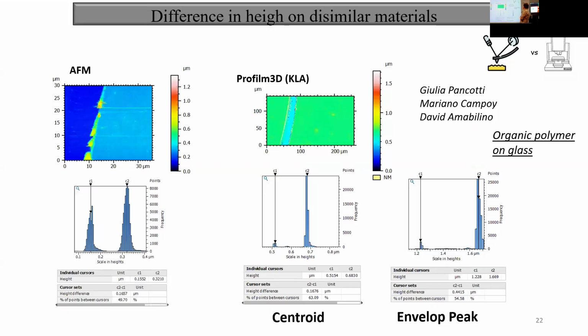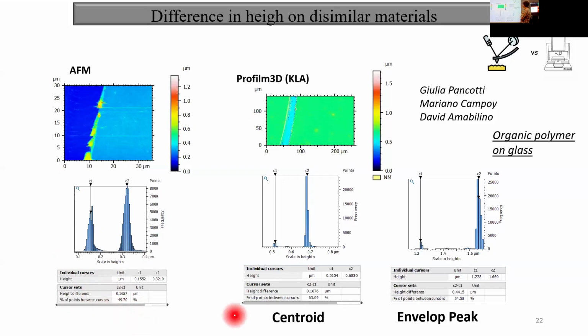And now we pass to measuring heights of two different materials, let's say. In this case, we have an organic layer, and Julia et al. have performed a scratch to expose the bare glass that I think is covered with a metal, and we can measure by AFM the difference in height that is like 160, 170 nanometers.